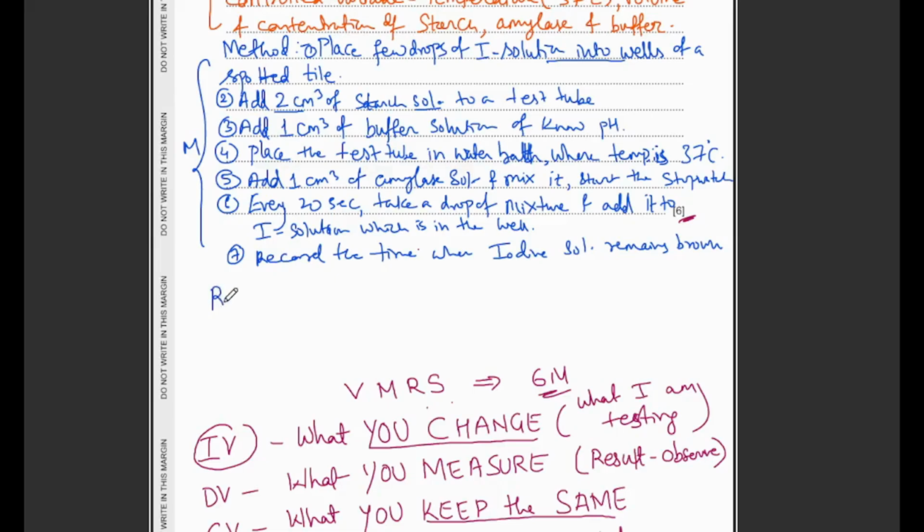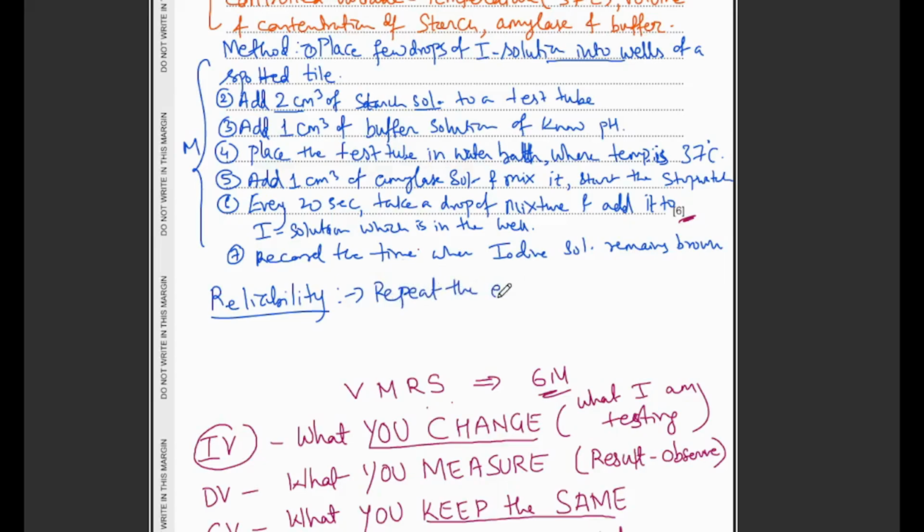So reliability is repeat the experiment, okay, and then calculate the average result.